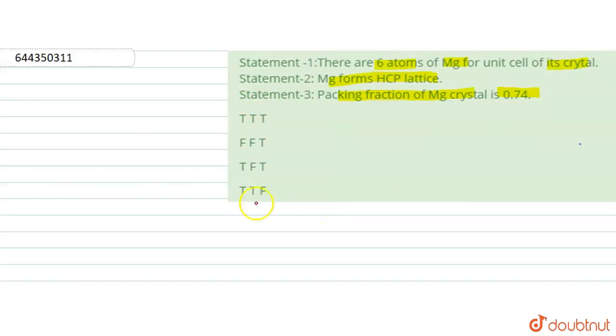First of all, as we know that Mg forms HCP lattice.